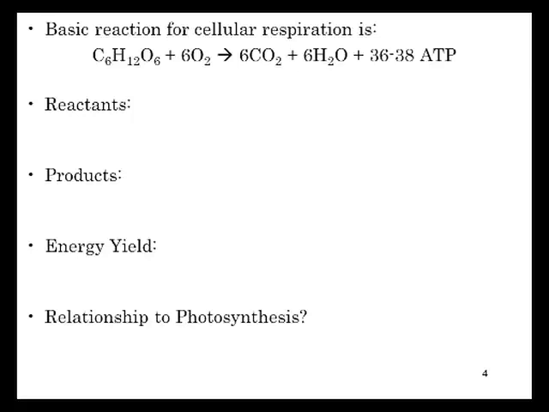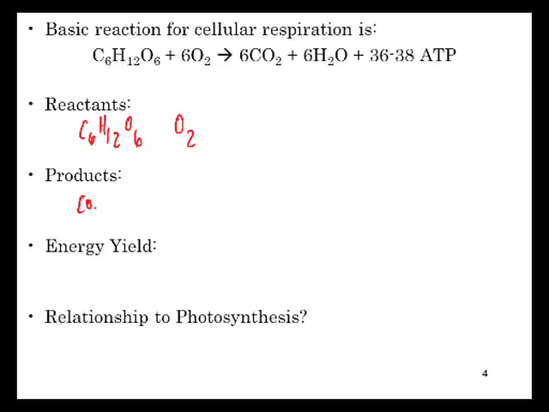Now, if we look at this reaction, and this is basically that whole carbohydrate pathway that was in green on that first slide, we have several reactants. We have the glucose as a reactant, and we have oxygen as our reactants. It's a chemical reaction. Much, much simplified chemical reaction, but nonetheless still a reaction.